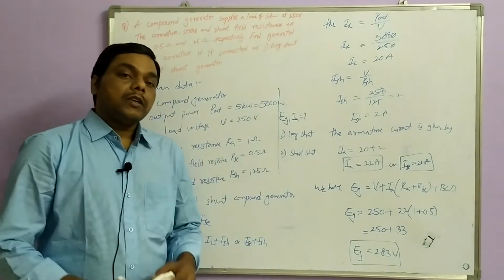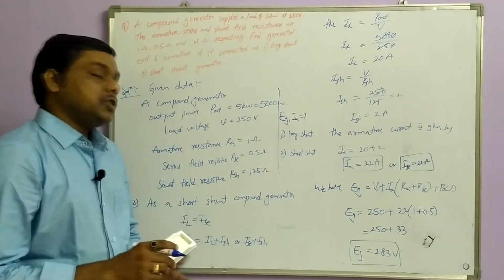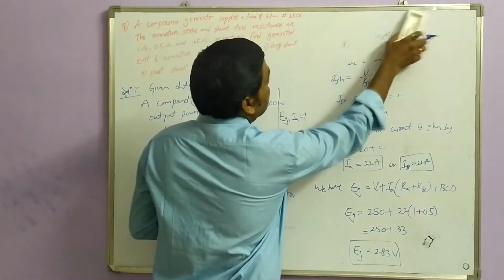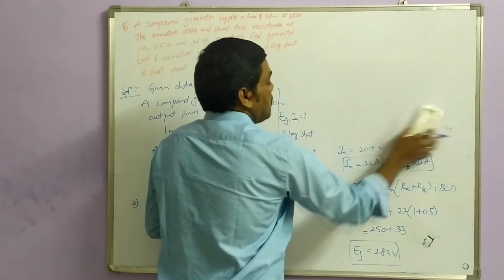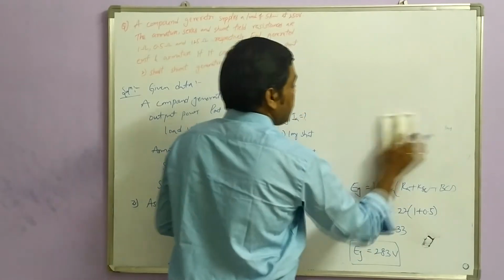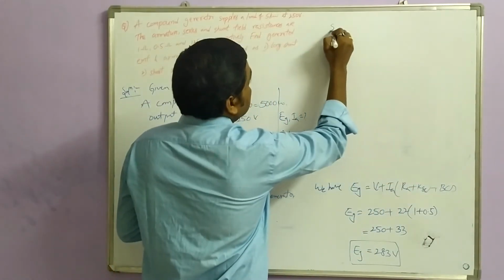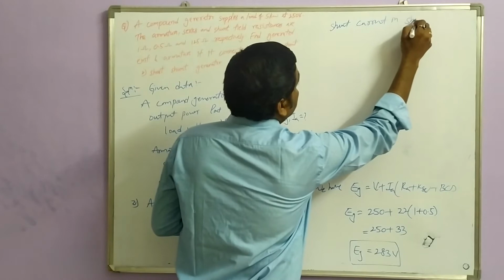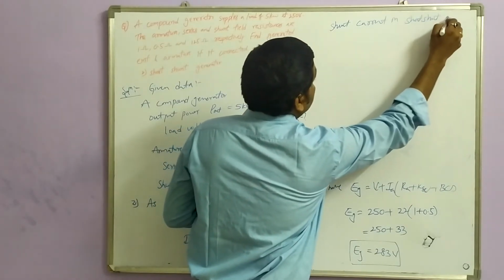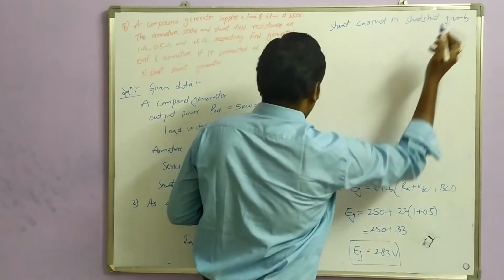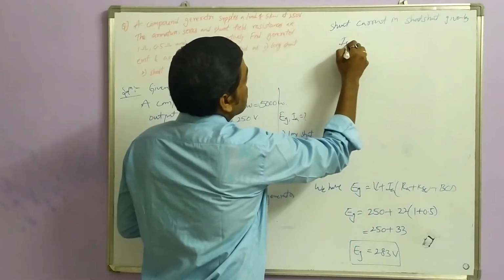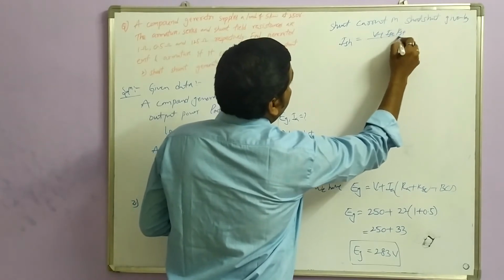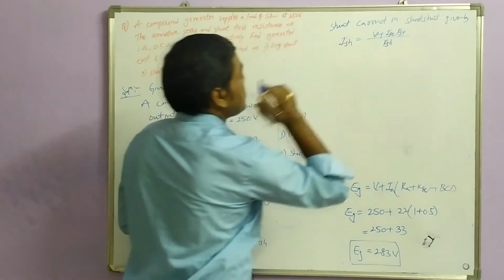But the ISH calculation is very important in short shunt. The shunt current in short shunt is given by ISH is equal to V plus ISC into RSC divided by RSH.